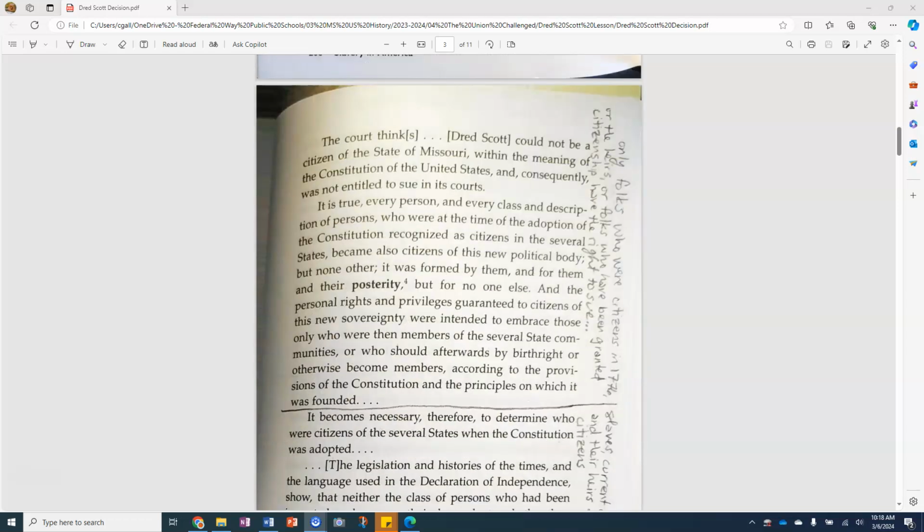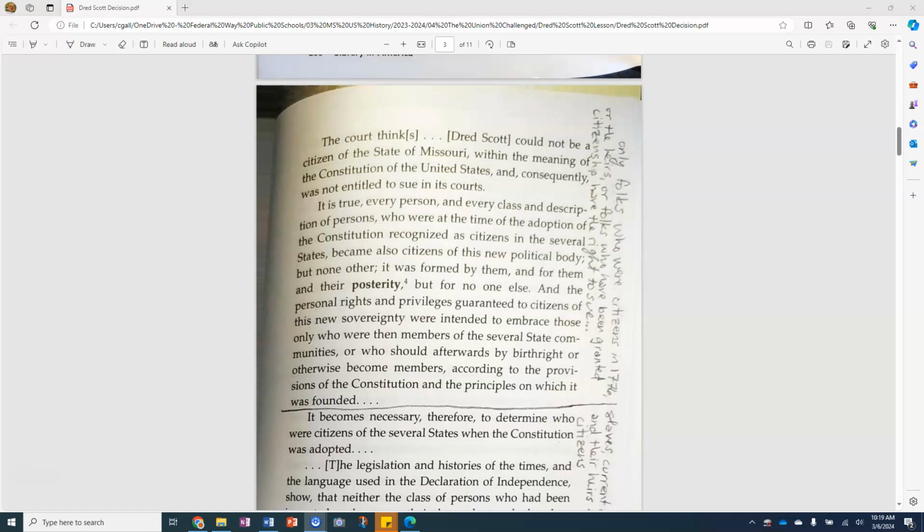The court thinks Dred Scott could not be a citizen of the state of Missouri within the meaning of the Constitution of the United States, and consequently was not entitled to sue in its courts. It is true, every person, and every class and description of persons, who were at the time of the adoption of the Constitution recognized as citizens in the several states, became also citizens of this new political body, but none other.